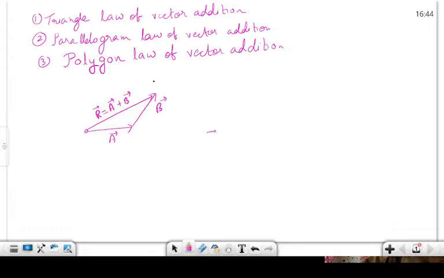So there is another case. This is vector A and this is vector B. This is not the angle between A and B. We extend this vector here. Suppose this vector is A and this vector is B. So we will replace this vector A here.